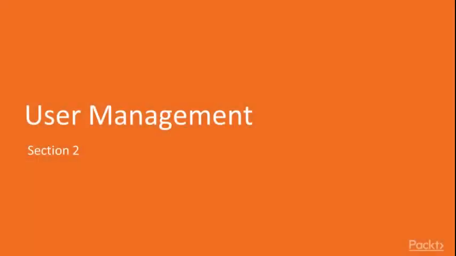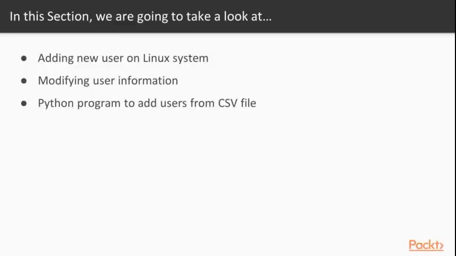In this section, we'll be looking at the topic of user management, and we will try to automate that tedious task. So we will start from adding a new user on a Linux system. We will try to add it using a Python script. We'll be leveraging a Linux utility, but it will be automated using Python code. Next, we'll be modifying user information.